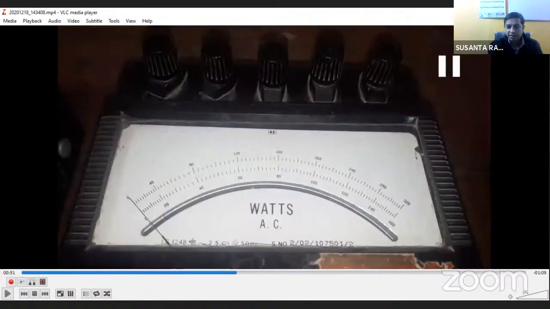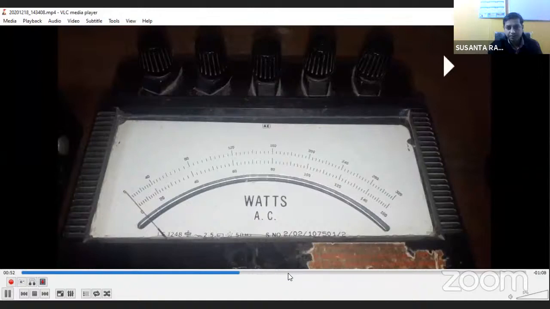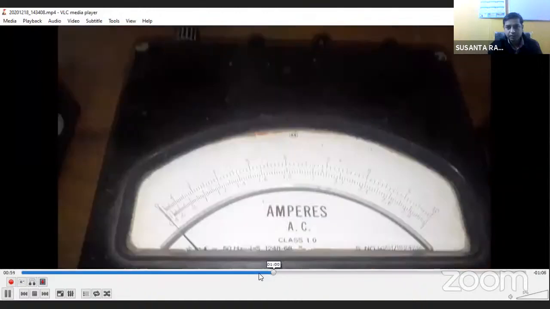Now this is the watt meter. The watt meter has different current coils and different pressure coils. The terminals you can see at the top are all pressure coil terminals, and the current coil terminals are on the other side. Now this is the ammeter.